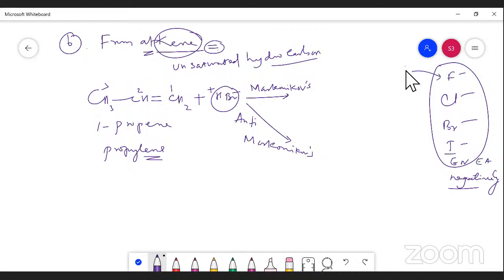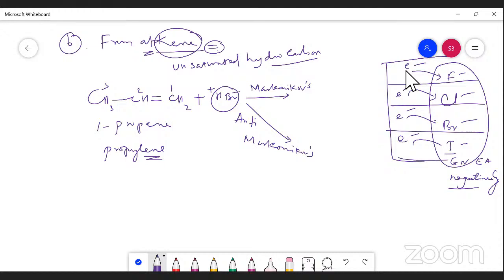After gaining 1 electron, they all become F minus, Cl minus, Br minus, I minus. Due to its electron affinity and electronegativity, it has an attracting property. That's the point you should understand.